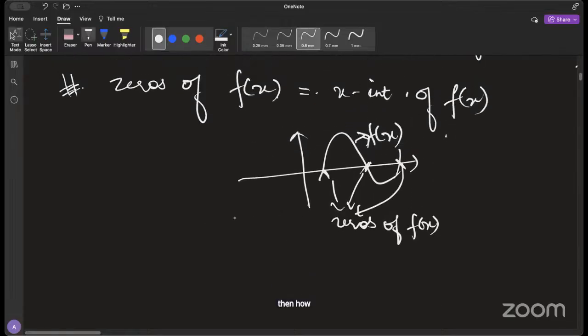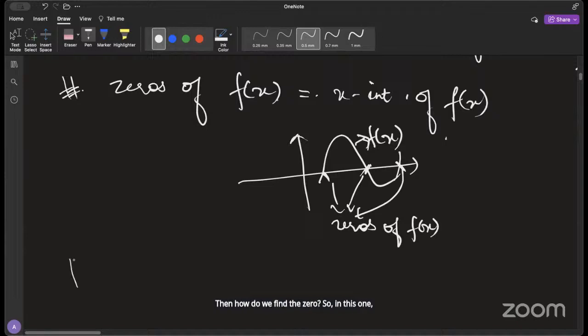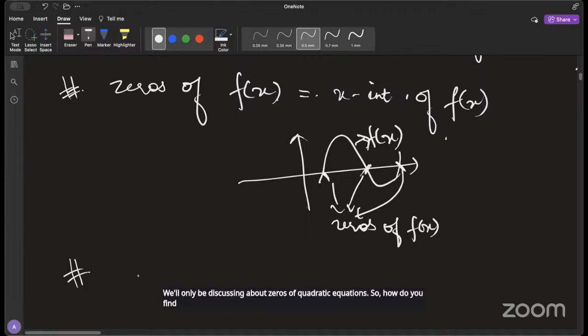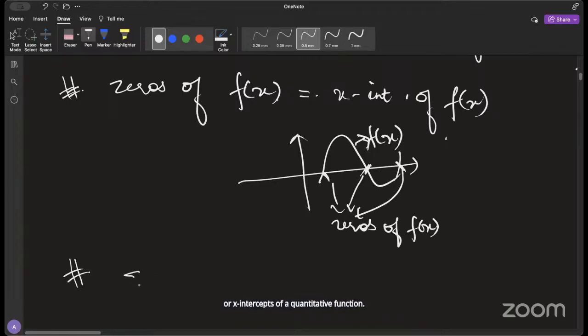Then how do we find the zeros? In week 3, we'll only be discussing zeros of quadratic equations. So how do you find the zeros or x-intercepts of a quadratic function?